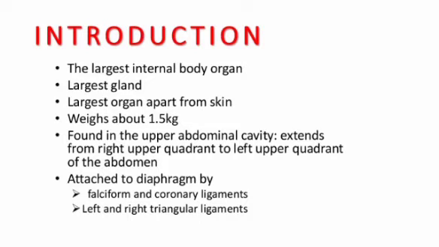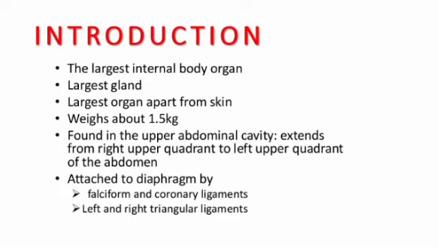Coming to the introduction to the liver, I think there is no need to specify the points once again because you have been reading about the liver from the school days onwards. The liver is the largest internal body organ, and we can call it the largest gland also. If you compare, the skin is one of the largest organs in the human body, so next to the skin, the liver is the largest organ.